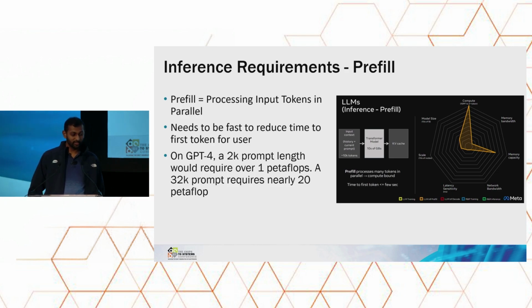The GPT-4 estimated size that we indicated would require 20 petaflops just to process 32,000 tokens in its prefill. So when you send a prompt that is 32,000 tokens long, it would require roughly 20 petaflops, which is an incredible amount of compute. It also requires a lot of memory capacity for that prompt, the KV cache, but it doesn't actually require much memory bandwidth or really anything else.